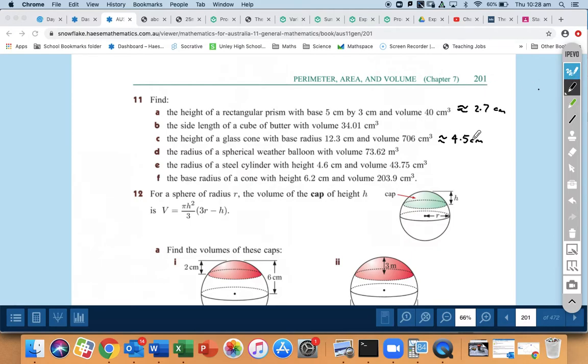Now the reason I went for just 1 decimal place, I was just having a quick look at the book's answer there. They've used 2 decimals. I think 1, because we started with 1 here, even a whole number, I'm wondering. But I think 1 decimal's fine.